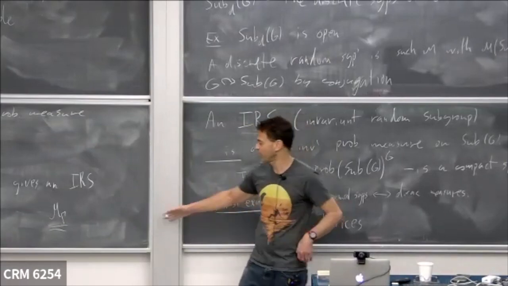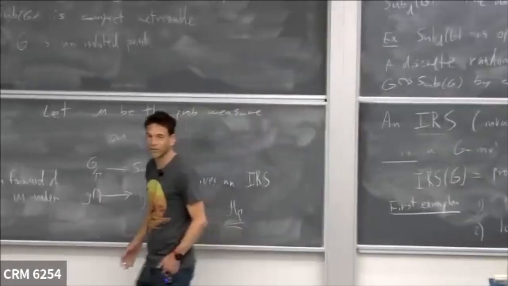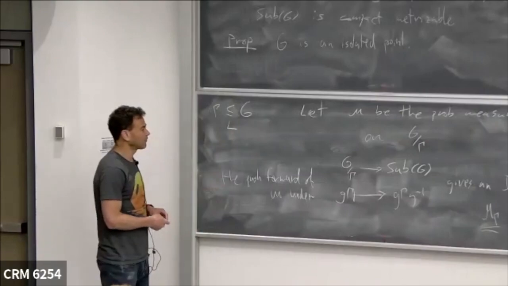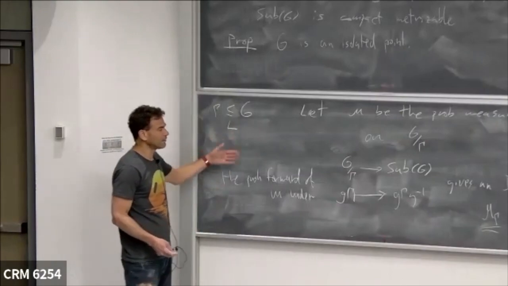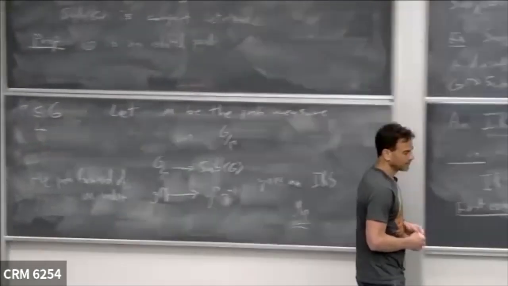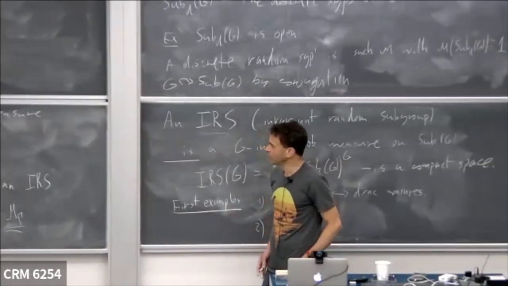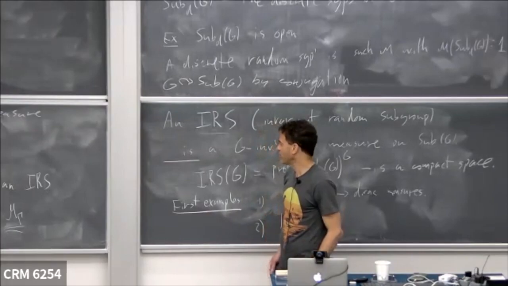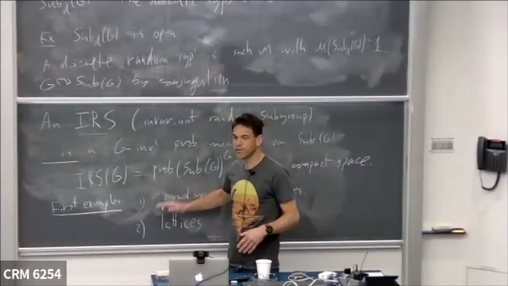So it's actually an IRS that corresponds to the conjugacy class of gamma, and its support is the closure of the conjugacy class of gamma. So you see every lattice corresponds to an IRS. So an IRS is a generalization both of normal subgroups and of lattices.